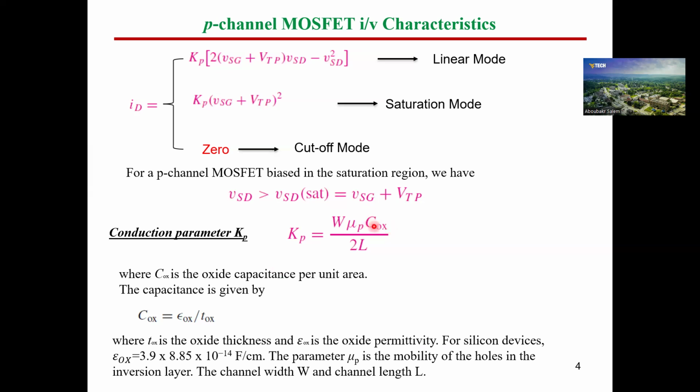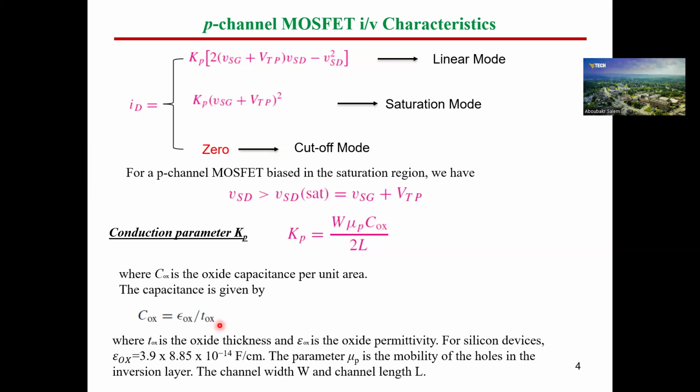So the oxide is for sure the dielectric material. The two plates represent the p-type semiconductor and the gate of the MOSFET, and the dielectric is the oxide in between. So we refer to OX here for the oxide because it will take the same thickness of the oxide material.